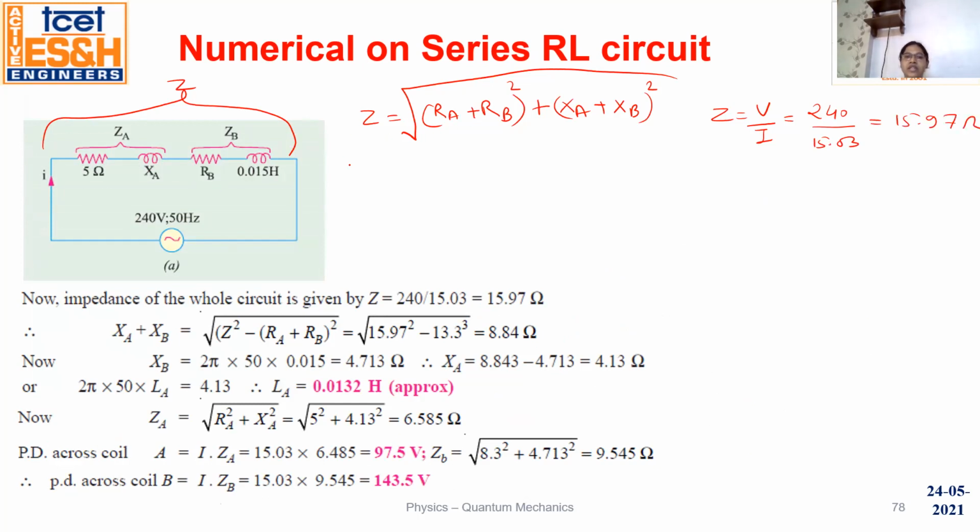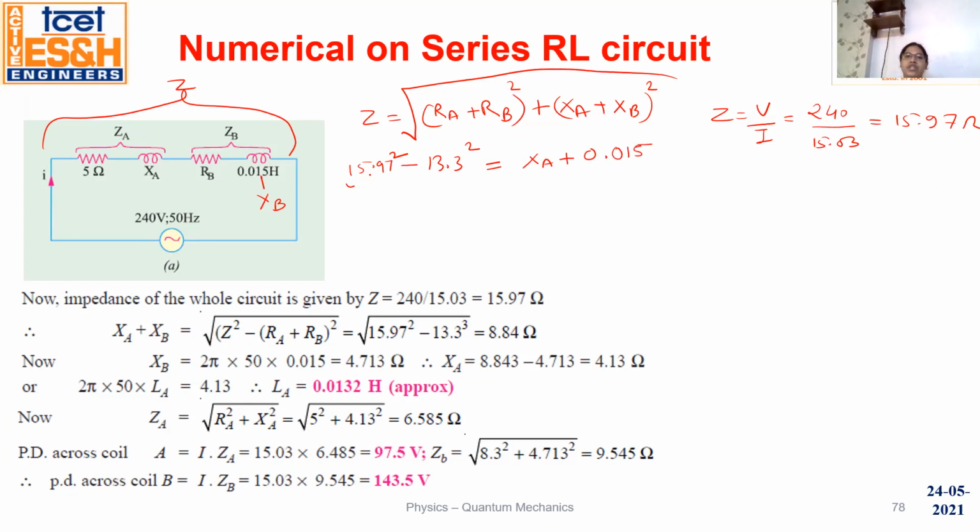Now Z is 15.97, and we know what RA and RB are. So we have the value of RA and RB, so it is 13.3 square. Z square is equal to (RA plus RB) square plus (XA plus XB) square. XB is given, this is XB, so XB is 0.015.